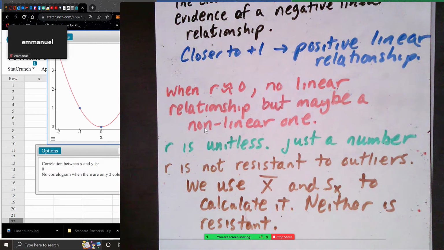Which means if we're looking at income and Bill Gates walks in or Elon Musk walks in, they will have a huge impact on R. Those are the fun facts about R.